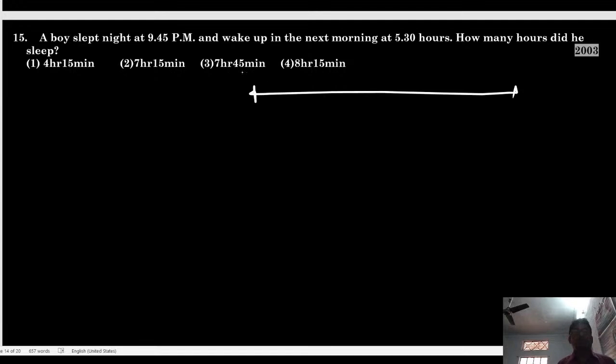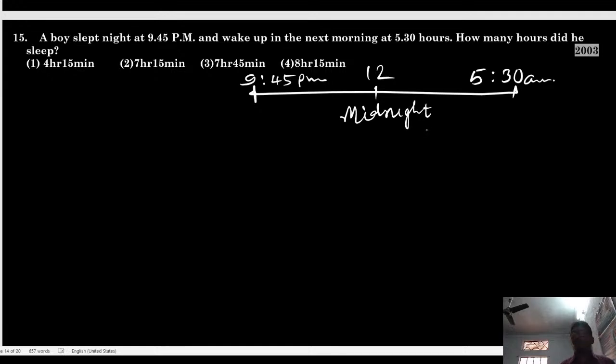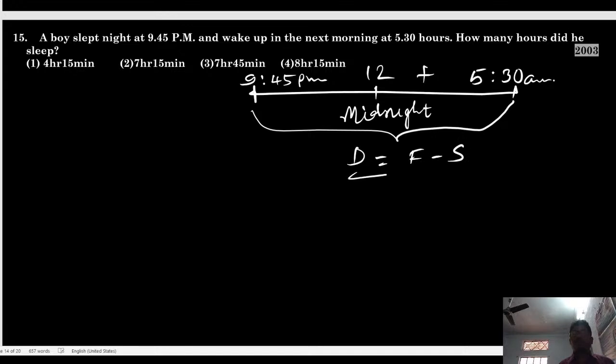Starting time is 9:45 PM, next morning 5:30 AM. Morning means AM, so in between there is 12 midnight. Duration of activity is equal to finishing time minus starting time. This is the formula.